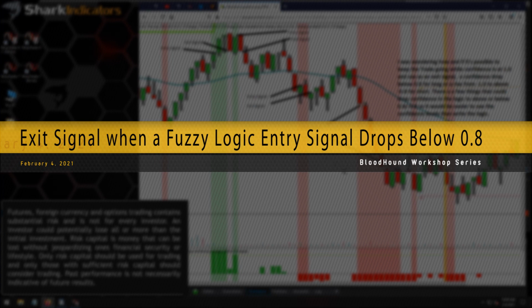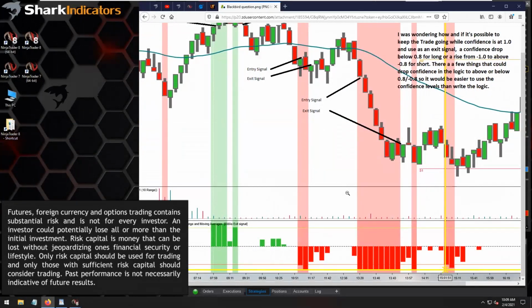This type of question I rarely get here, which is a question about using BloodHound's fuzzy logic capabilities. If you look at the output here, you'll notice that there's a partial output, and only some of these outputs have a racing stripe. Basically, the racing stripe denotes a trade signal.